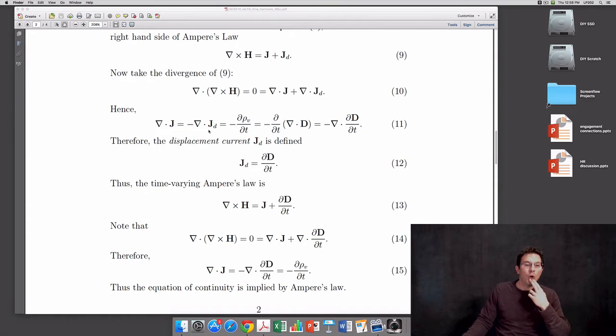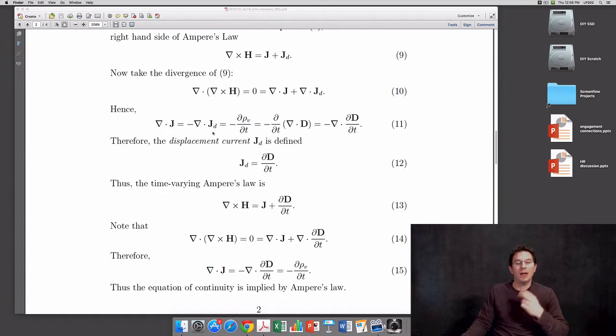Well, we know from the equation of continuity that the divergence of J has to be equal to the negative time rate of change of the charge density rho sub v. So divergence of J has to be equal to this quantity, which is equal to the negative divergence of J sub d.